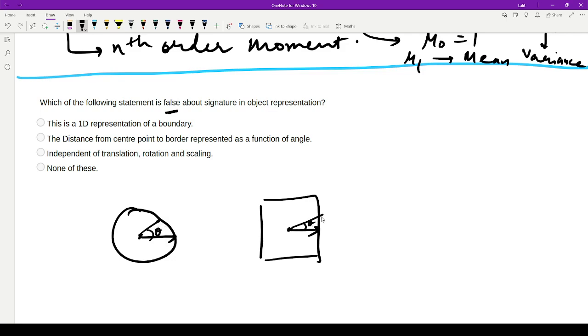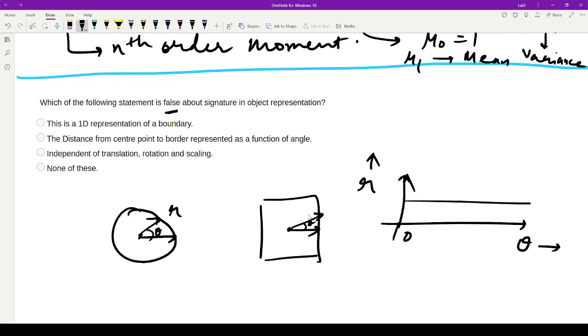And at a particular theta, check how far it is. So what we are ultimately doing is checking the radius versus theta for a given object. If it's circular, then it's a flat line. If it's a square like this, we discussed that it will be like this, repeating again and again. So this will be at pi by 4, this will be at pi by 2, things like that.